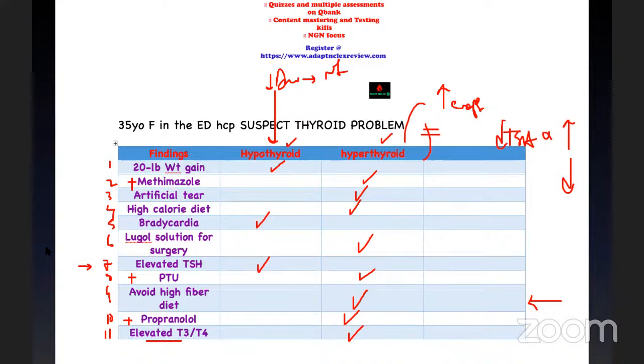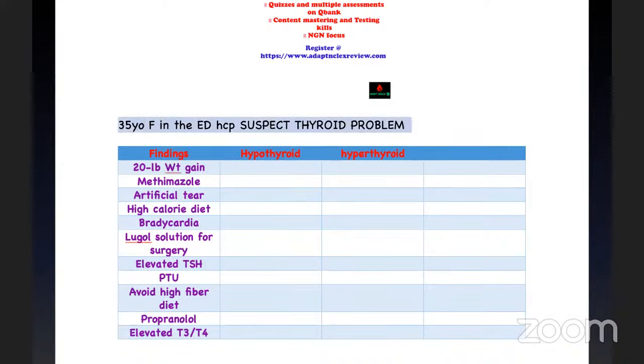Any question? A 25-year-old female who just delivered. We delivered a 10-pound, maybe 7-pound baby. And then discharge home.